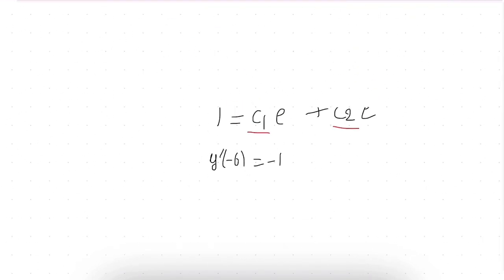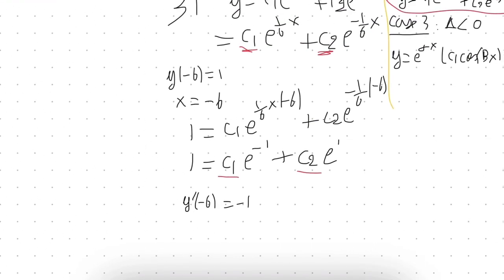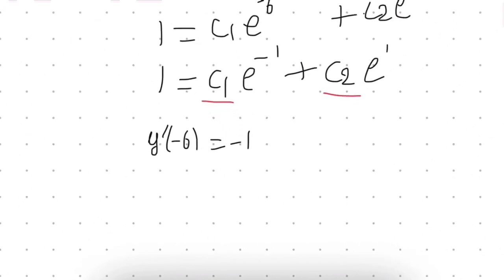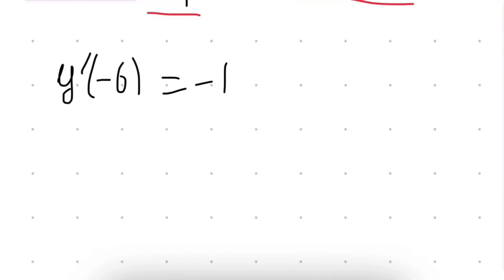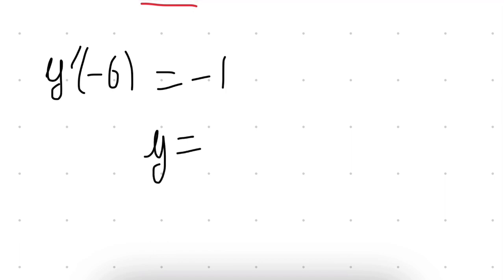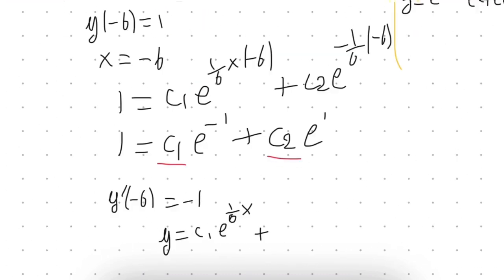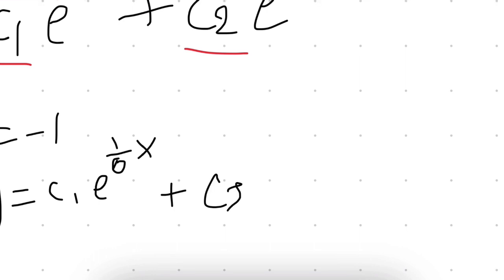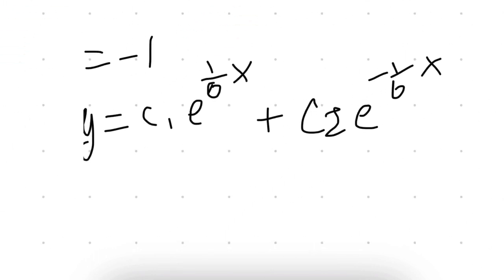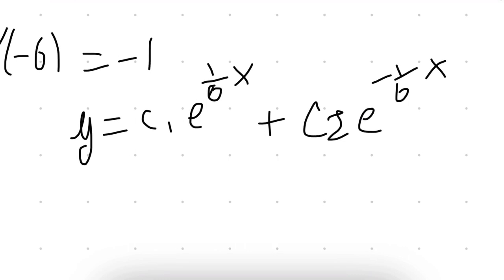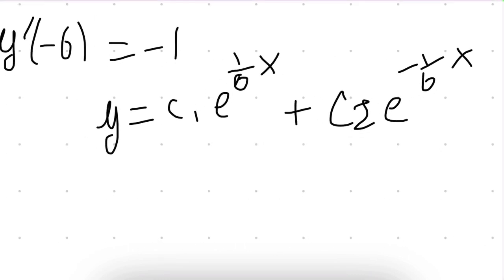And then we have the form of y: y equals C1 e^(1/6 x) plus C2 e^(minus 1/6 x). We have y, but they're giving us y prime. So we're gonna have to derive this.